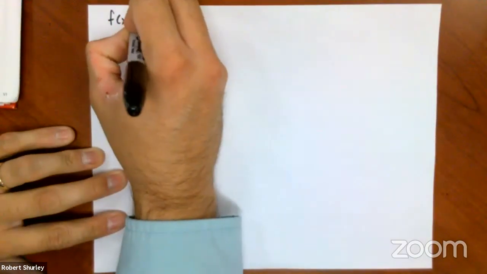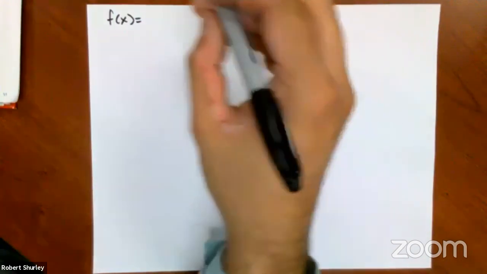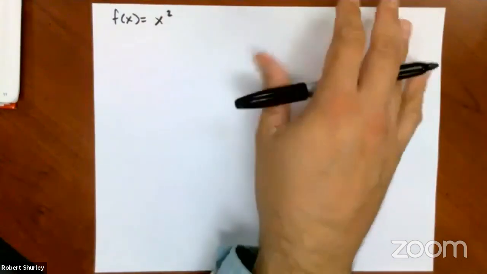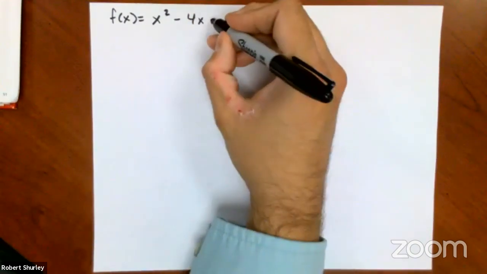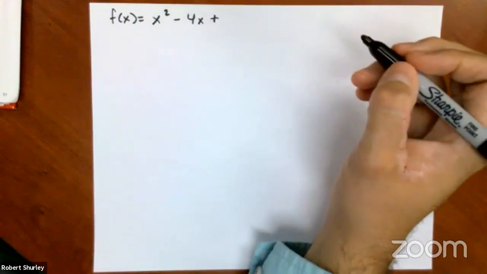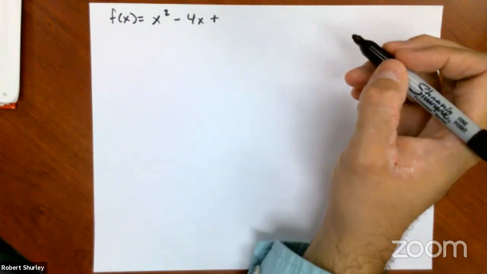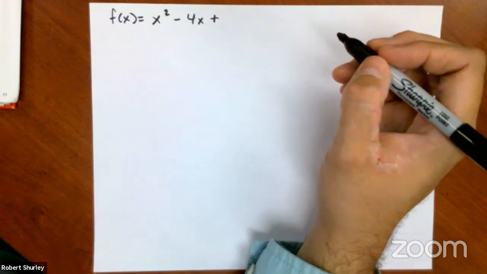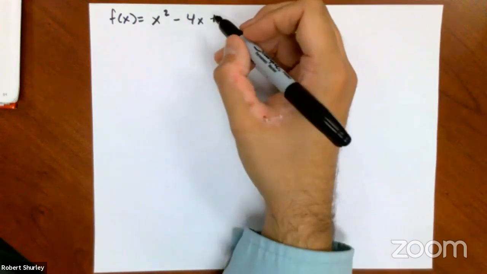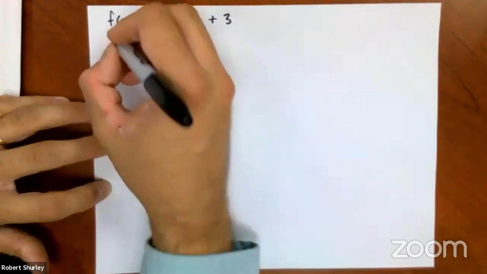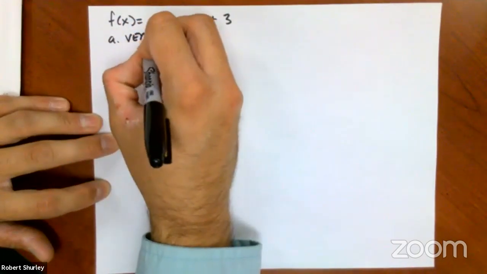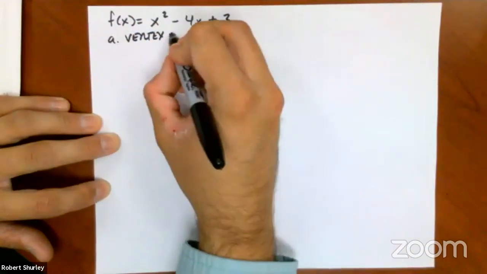Okay, so let's say we've got f of x equals x squared minus 4x, actually, yeah, let's say plus 3. That'll work. So x squared minus 4x plus 3. And I'm going to ask you all the same stuff. So first vertex. I'm going to leave you more room on this one, right? And then, max min.